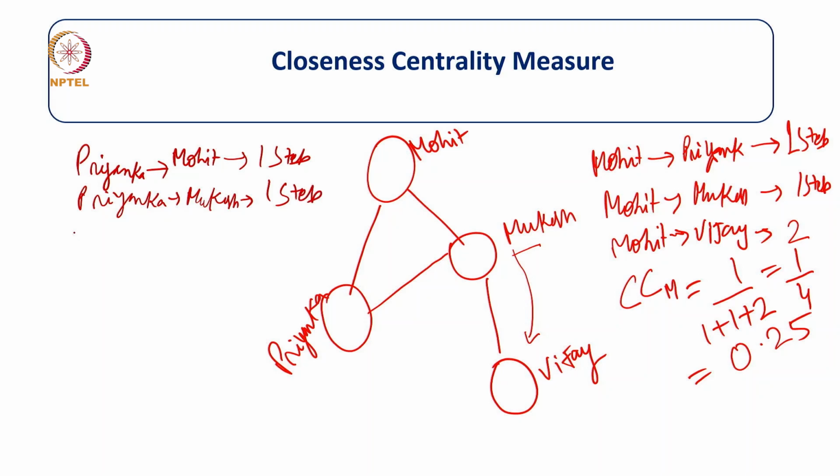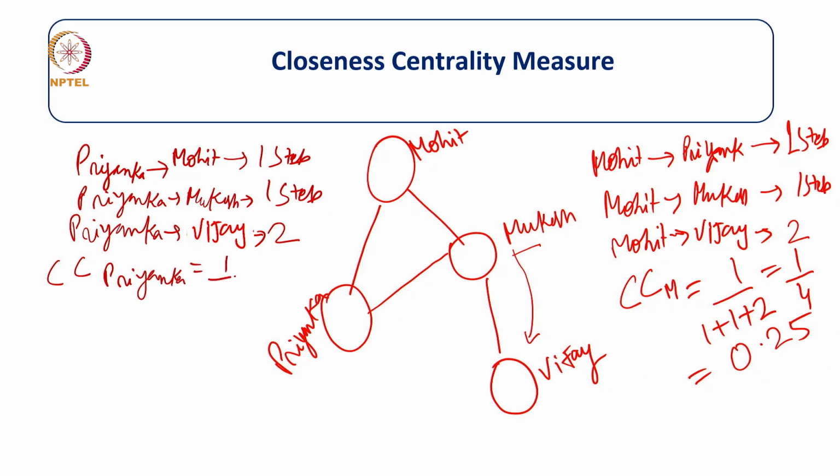For Priyanka to Vijay, two steps. So if we calculate the closeness centrality for Priyanka, it will be 1 upon 1 plus 1 plus 2. It will be 1 by 4, equal to 0.25.